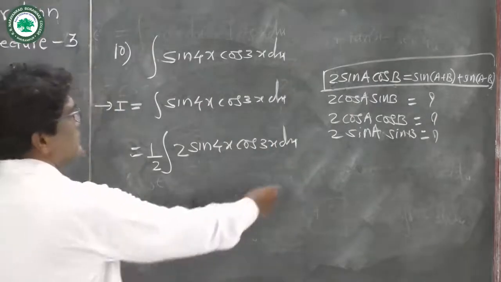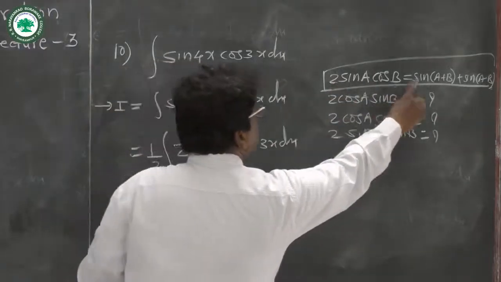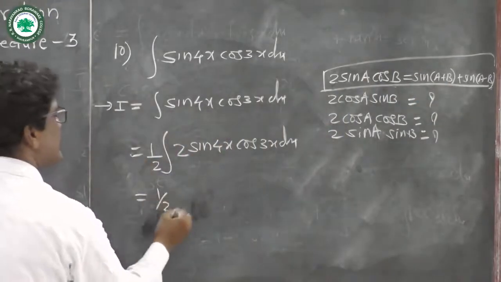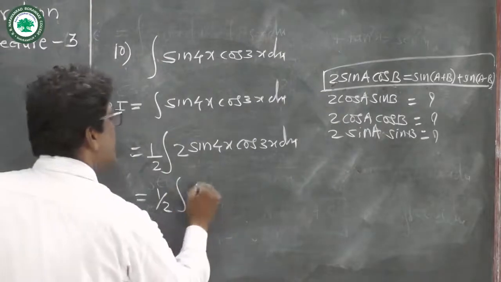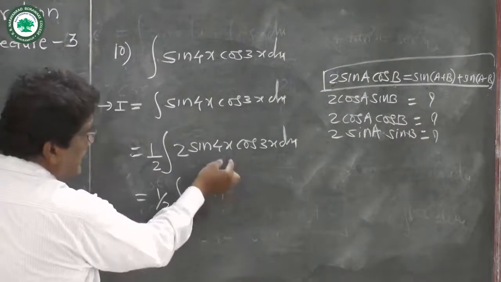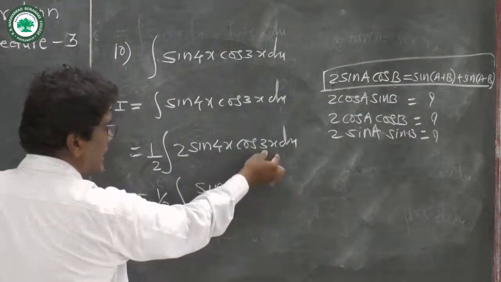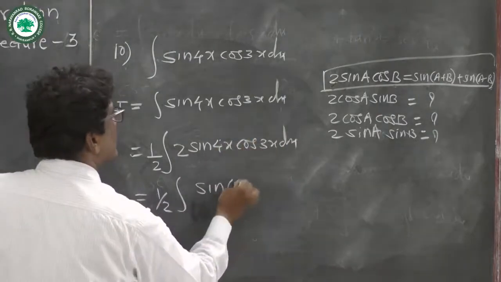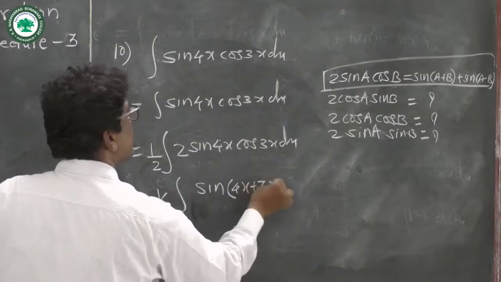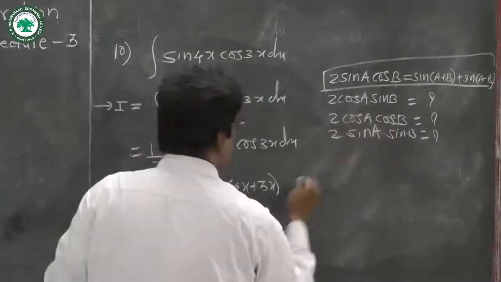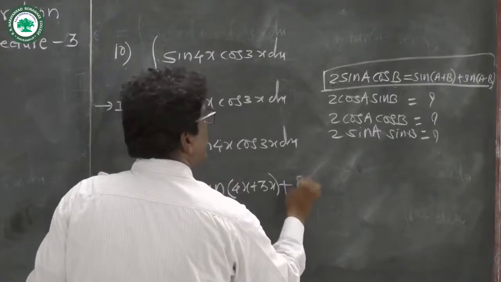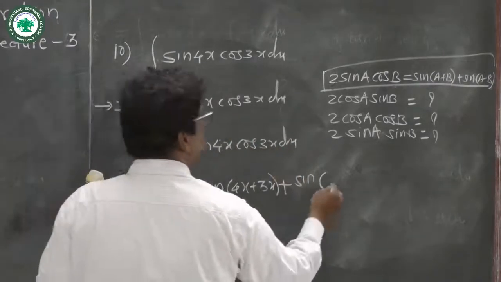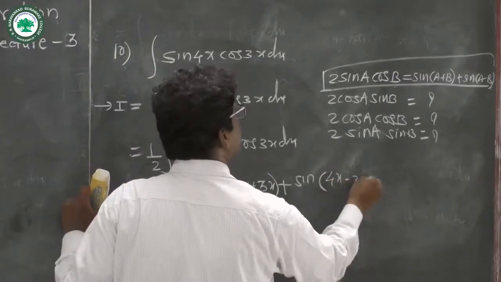Now use the formula: sin of a plus b plus sin of a minus b. The 1/2 stays as it is. Integration of sin of a plus b, where a is 4x and b is 3x, so 4x plus 3x, then plus, then sin of a minus b, 4x minus 3x.